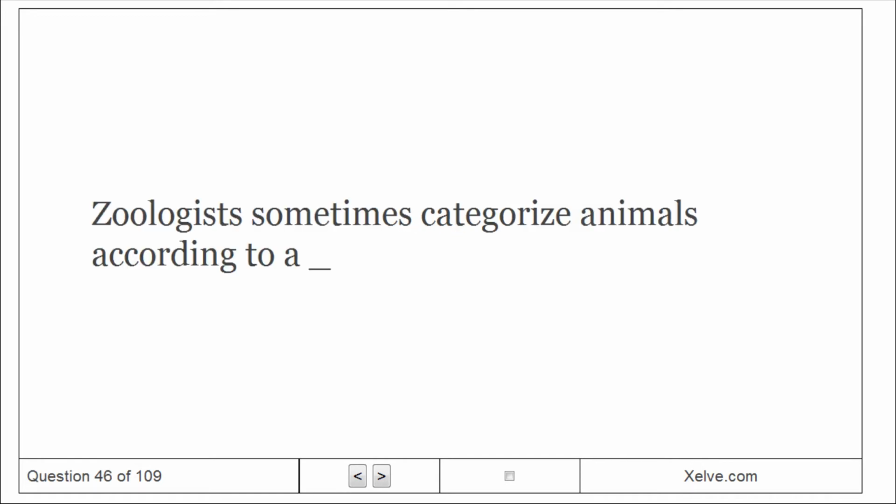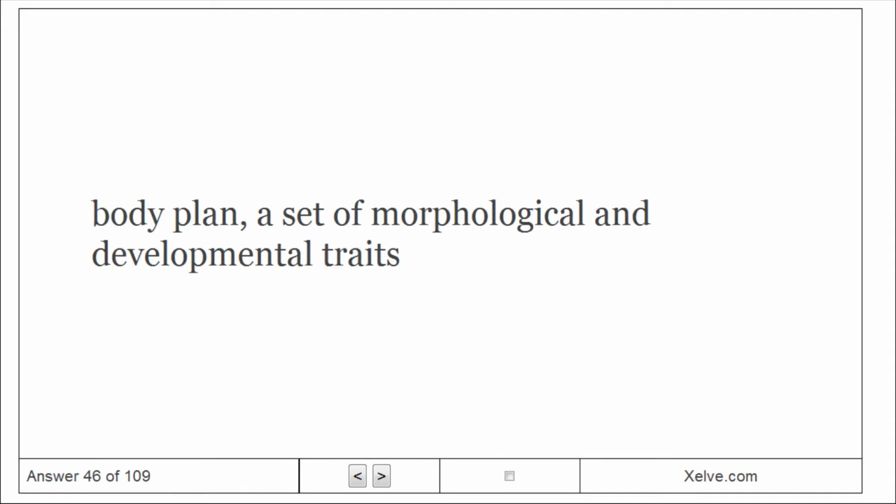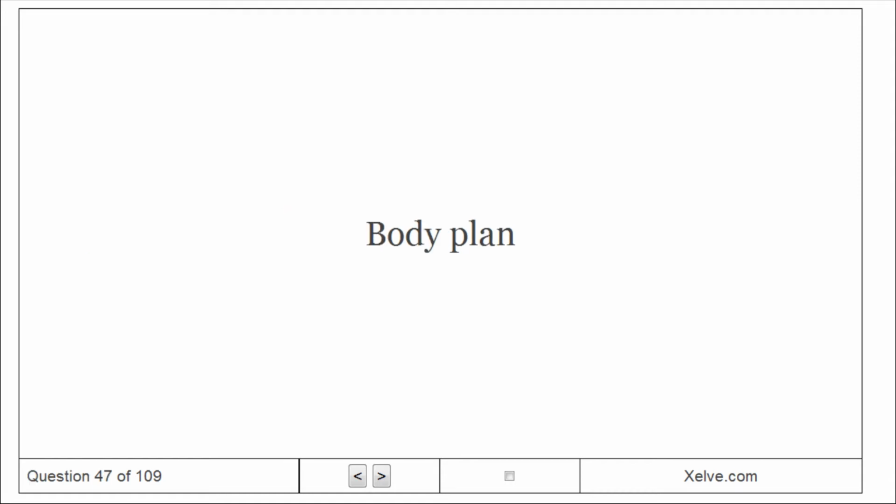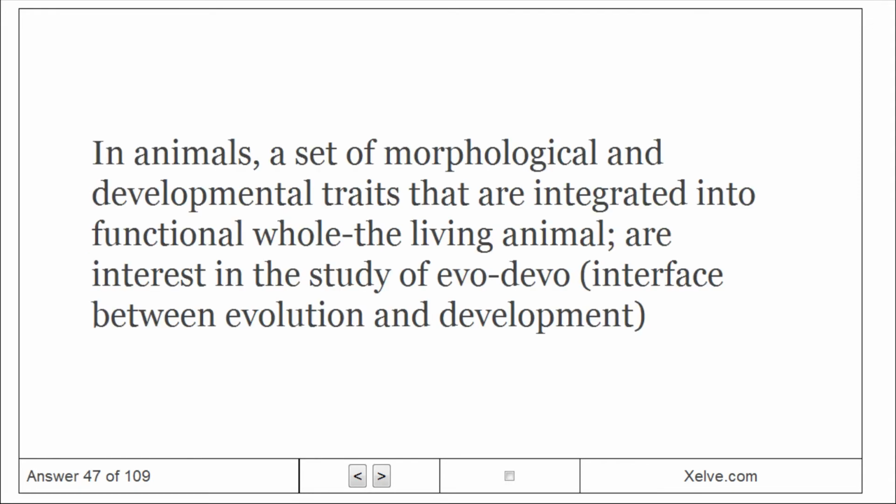Zoologists sometimes categorize animals according to body plan, a set of morphological and developmental traits. Body plan. In animals, a set of morphological and developmental traits that are integrated into a functional whole, the living animal.